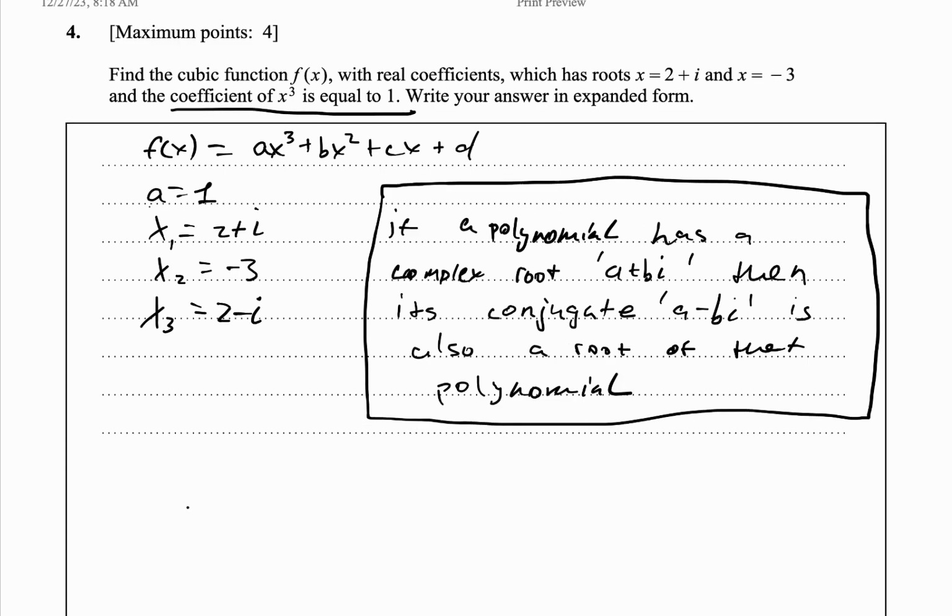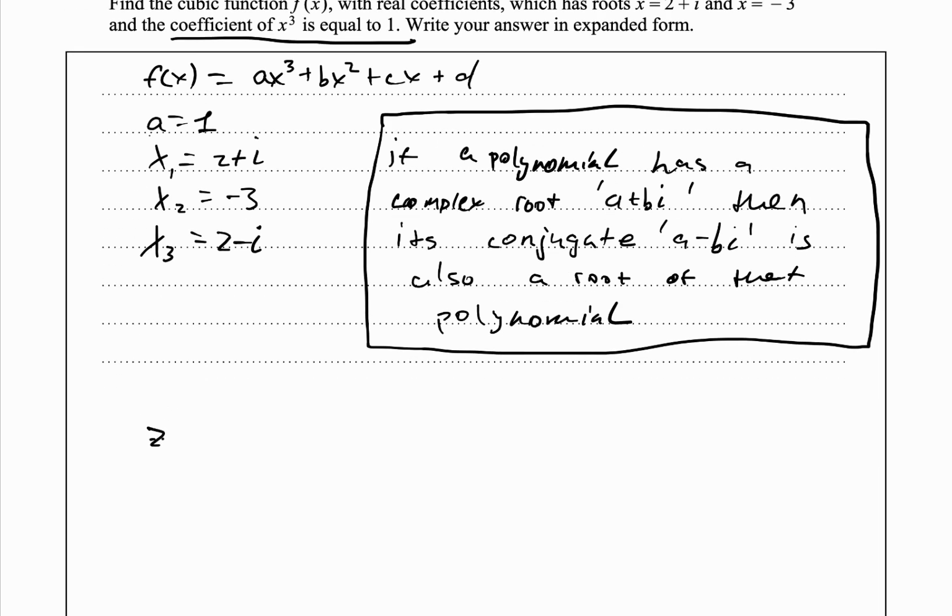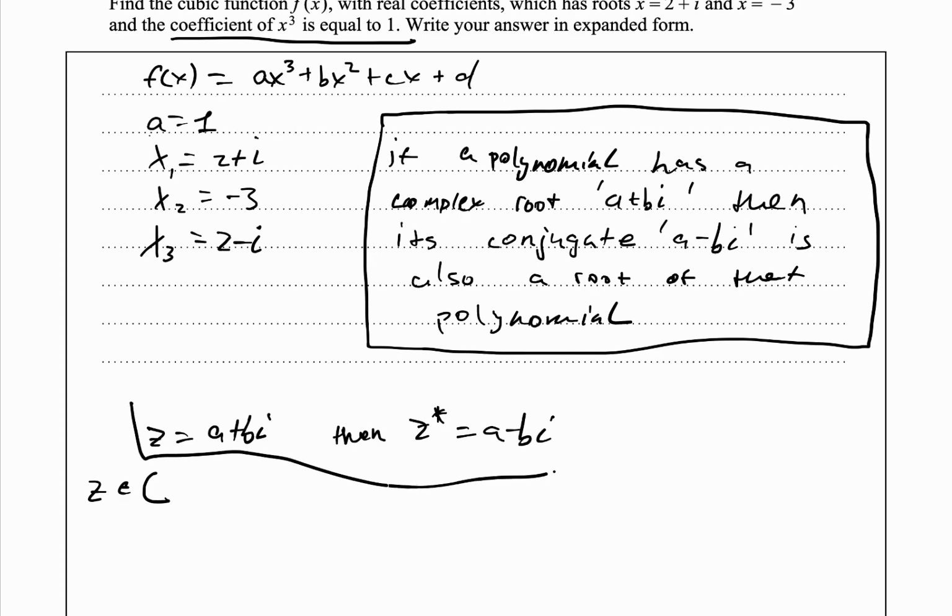And conjugate means this: if z is a complex number and z equals a plus bi, then z conjugate, z star, is equal to a minus bi. We cannot forget about this.